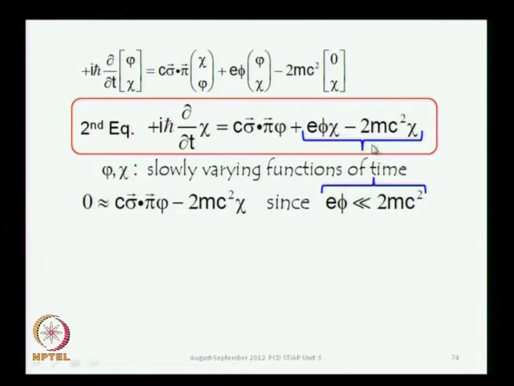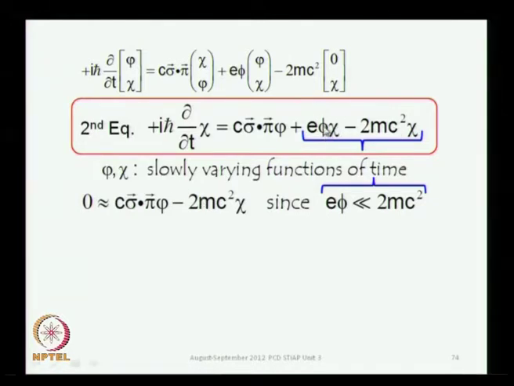So, if you compare the coefficients E phi and twice mc square, this is a huge energy, E phi is also energy. This is much larger, and therefore, you can ignore E phi compared to twice mc square. So, between these two terms the only significant term is twice mc square. So, that is what I have written over here.